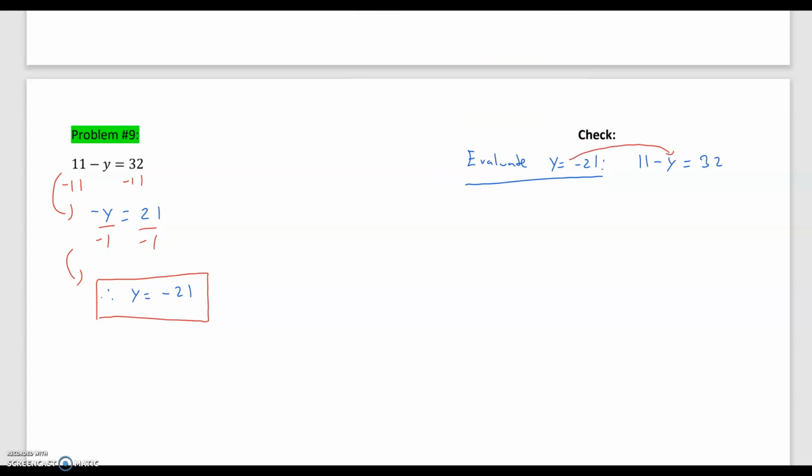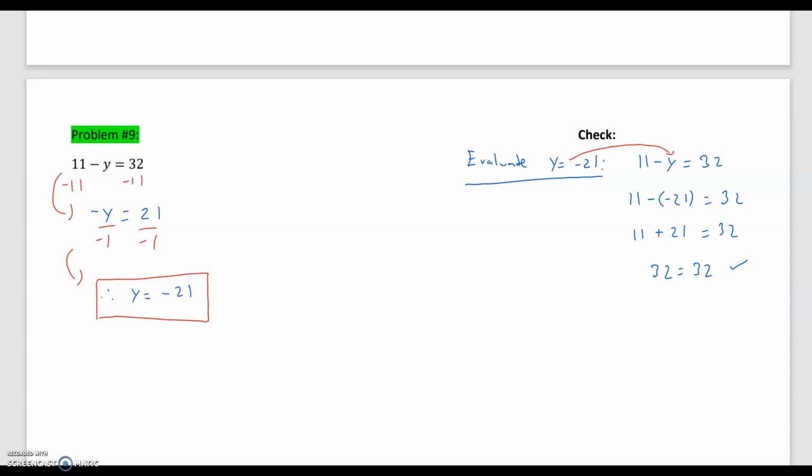And let's actually plug it in. So we're looking at 11 minus negative 21 is equal to 32, or 11 plus 21 is equal to 32. Remember that the two negatives are going to make a positive 21, and this is going to give us 32 is equal to 32, which is the check.